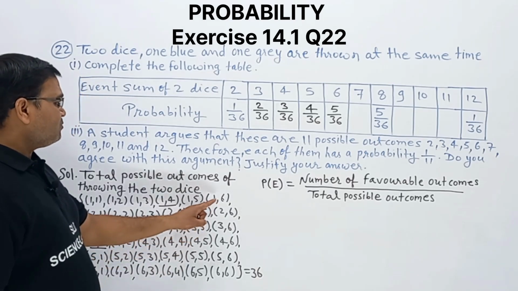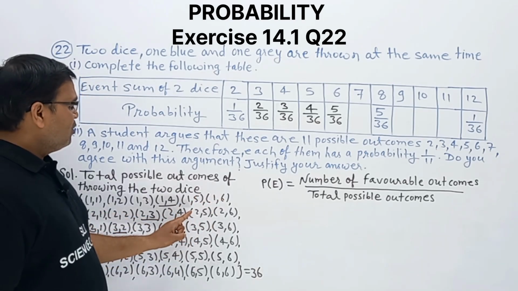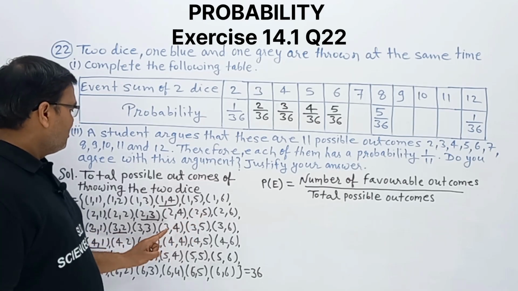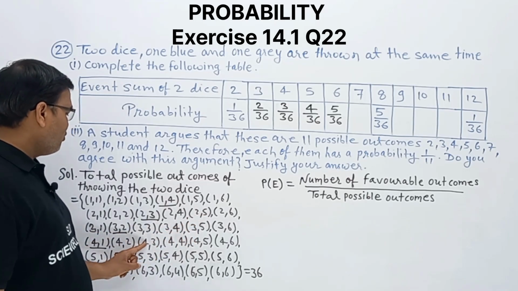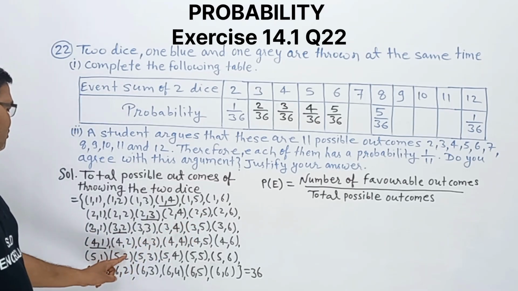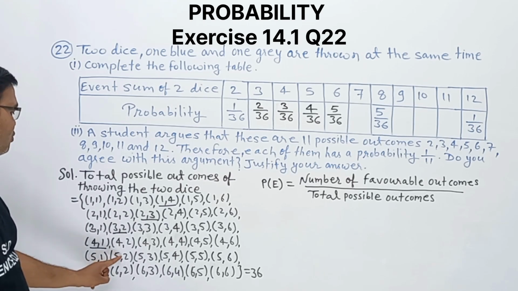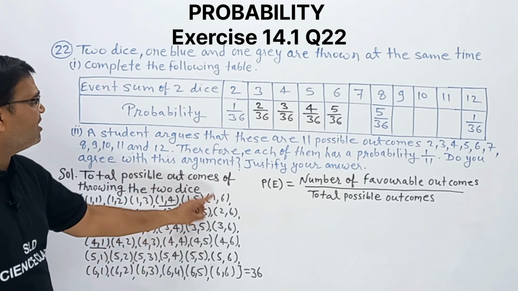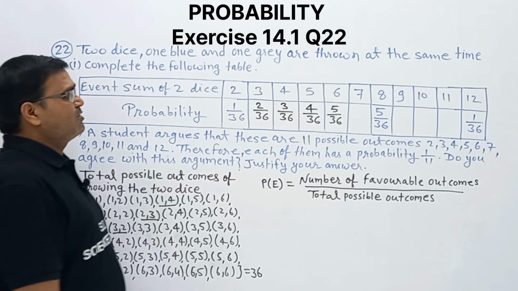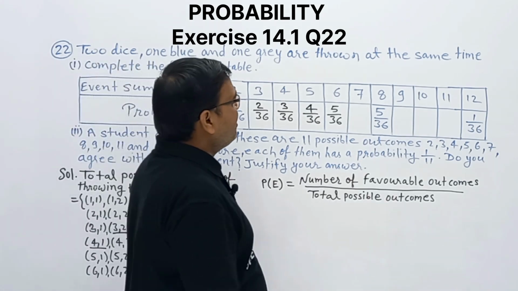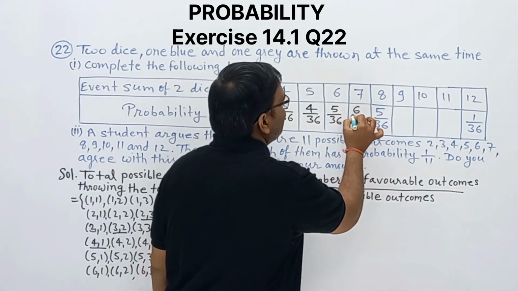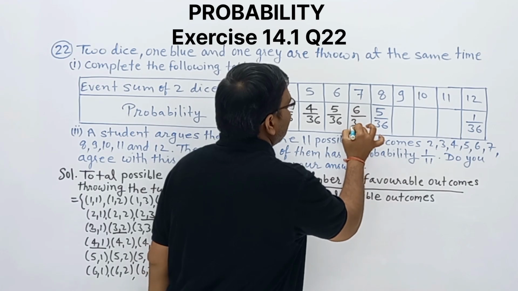Now next one, we require sum 7. So 1 comma 6, 2 comma 5, 3 comma 4, 4 comma 3, 5 comma 2, and 6 comma 1. These 6 outcomes have sum 7. So the number of favorable outcomes is 6 divided by 36.